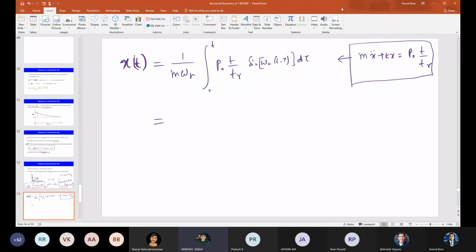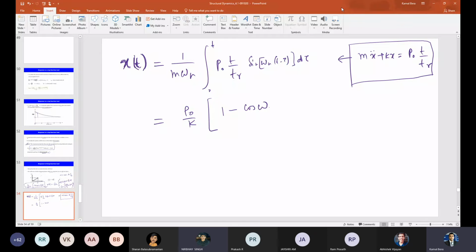P naught by K into (1 minus cos omega n t).